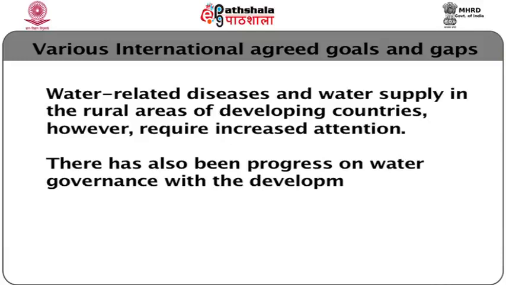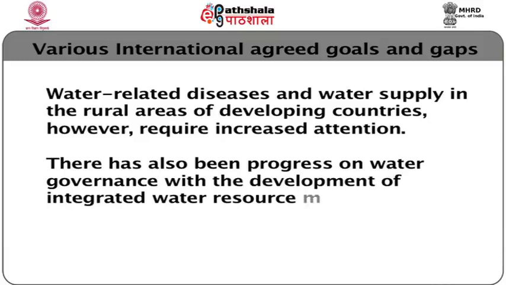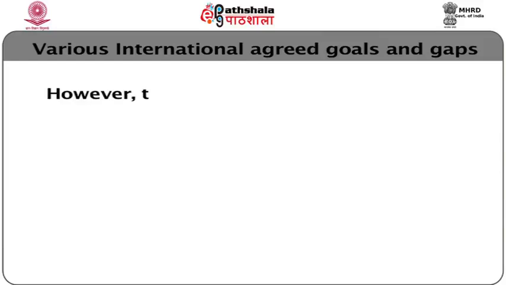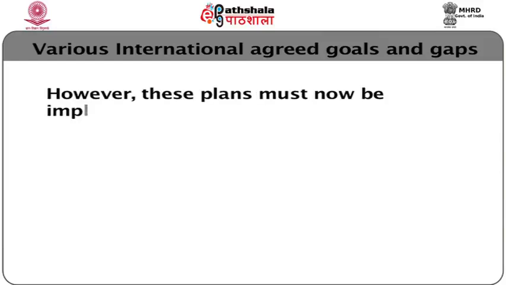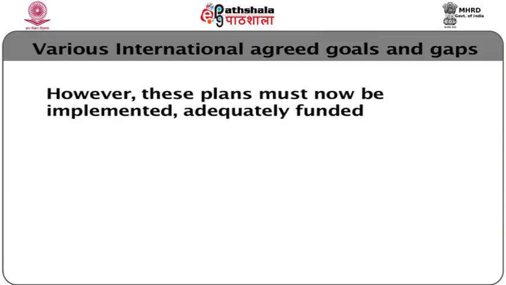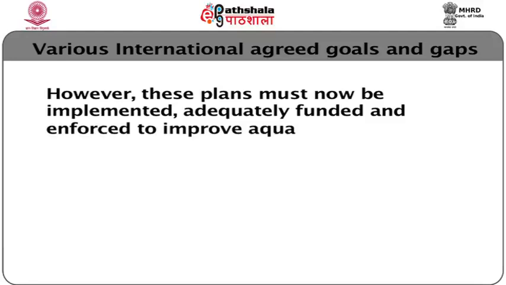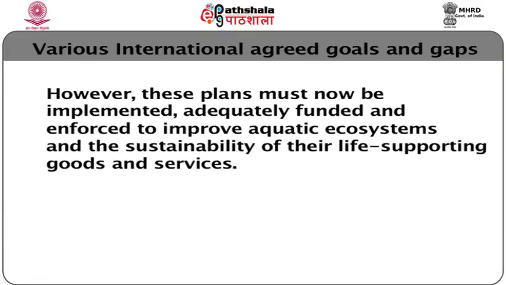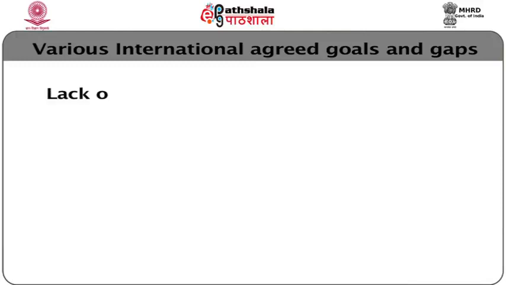There has also been progress on water governance with the development of integrated water resources management plans and transboundary water agreements. However, these plans must now be implemented, adequately funded and enforced to improve aquatic ecosystems and the sustainability of their life-supporting goods and services.